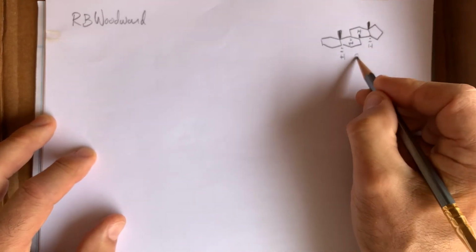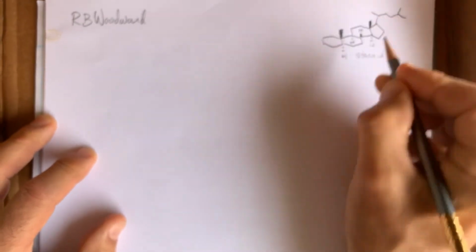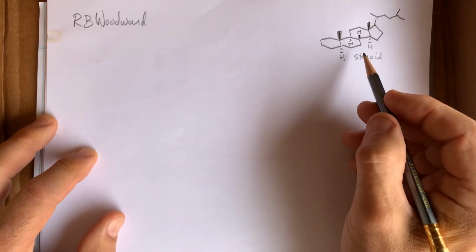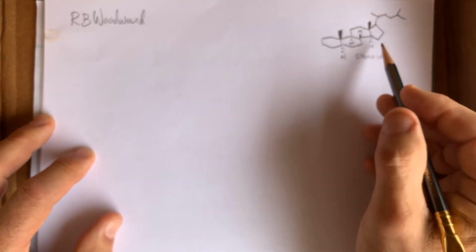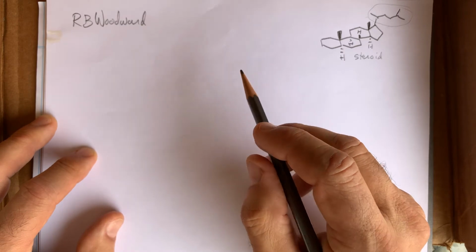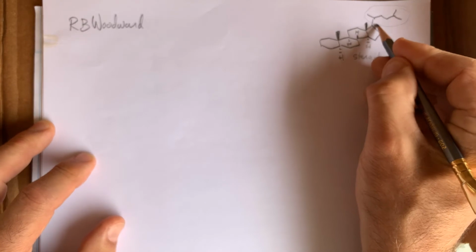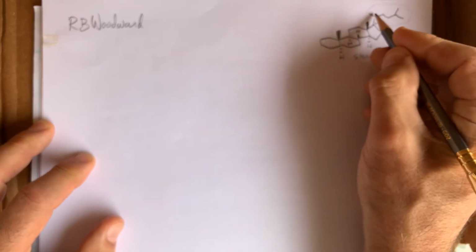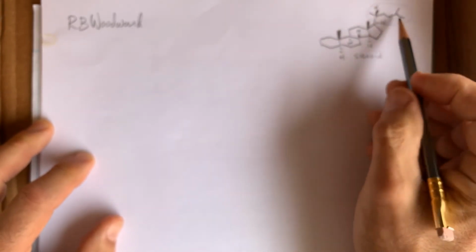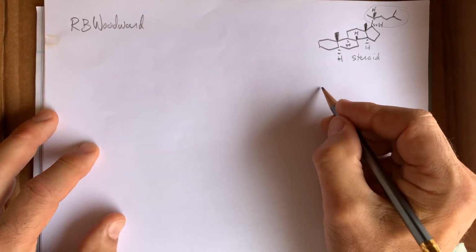That's a steroid, and many of them, including cortisone, testosterone and cholesterol, all have a long chain substituent here that gives them a couple more stereogenic centers. If you draw it this way, again, it's trans. No stereocenter here, of course. That's kind of your standard steroid.